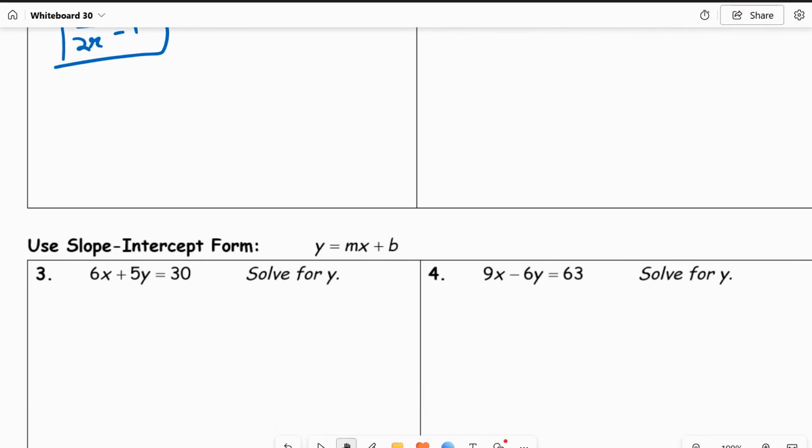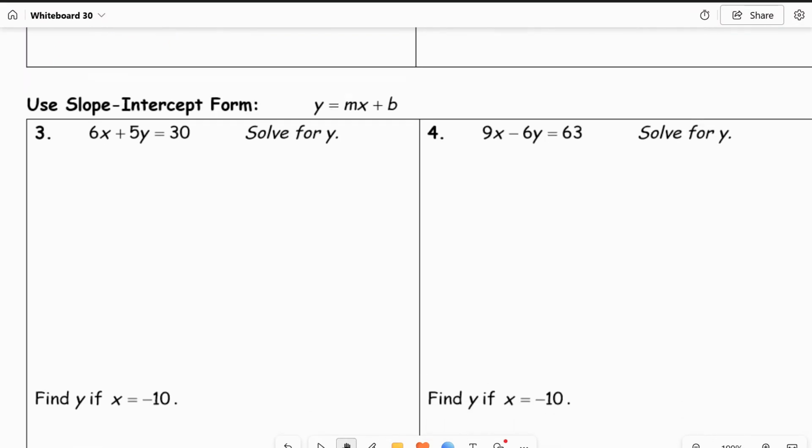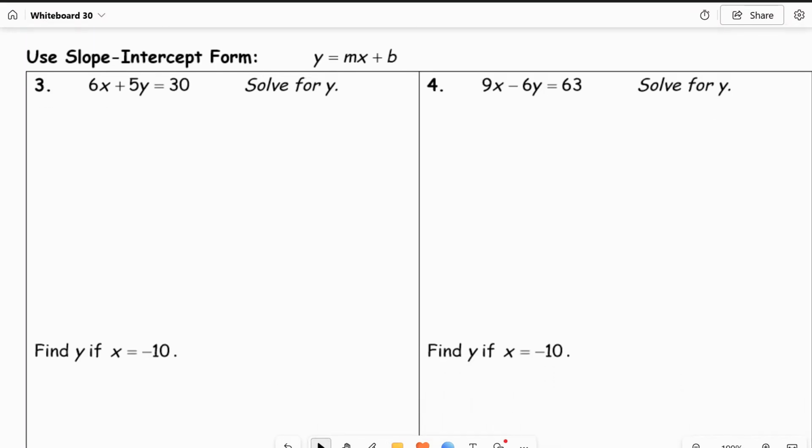Okay, in some cases, we will use slope-intercept form. So for number 3 here, we are trying to solve for y. So I'm going to go ahead and highlight y right away. So solving for y, getting y all by itself. First thing we're going to want to do is isolate our variable.